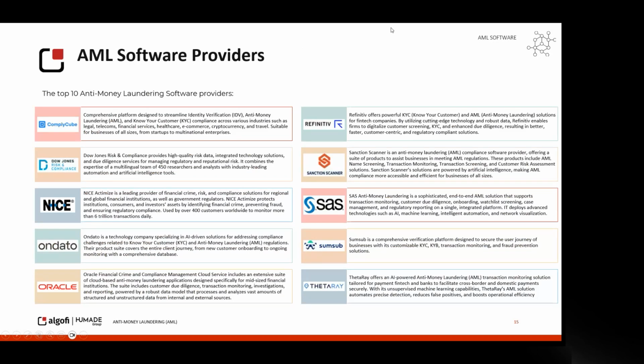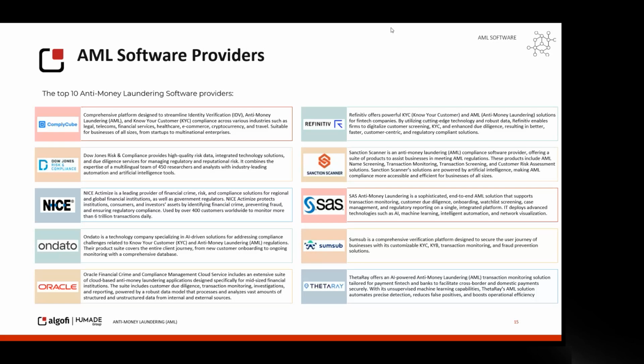Moving on to the last part. So I've listed here the top 10 anti-money laundering software providers. Now, it's important to know that most of these providers offer software that is quite similar in what they actually do. Basically, they will have a part for KYC, so know your client, and know your business verification.